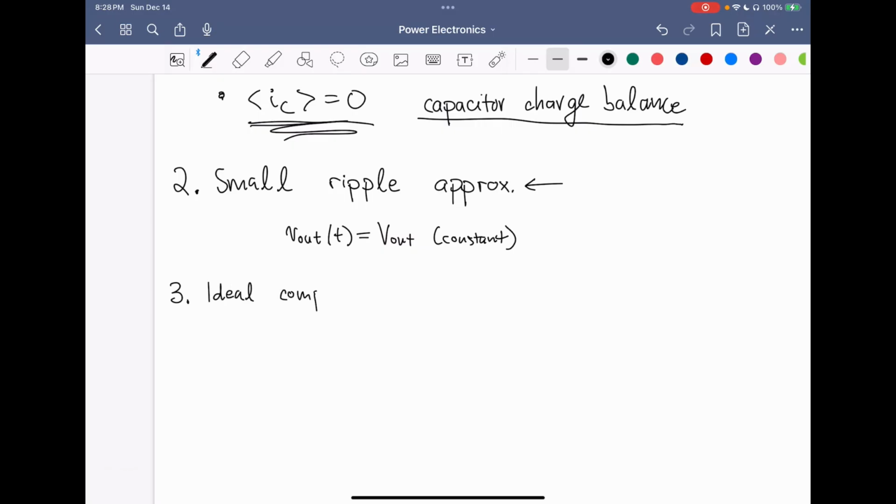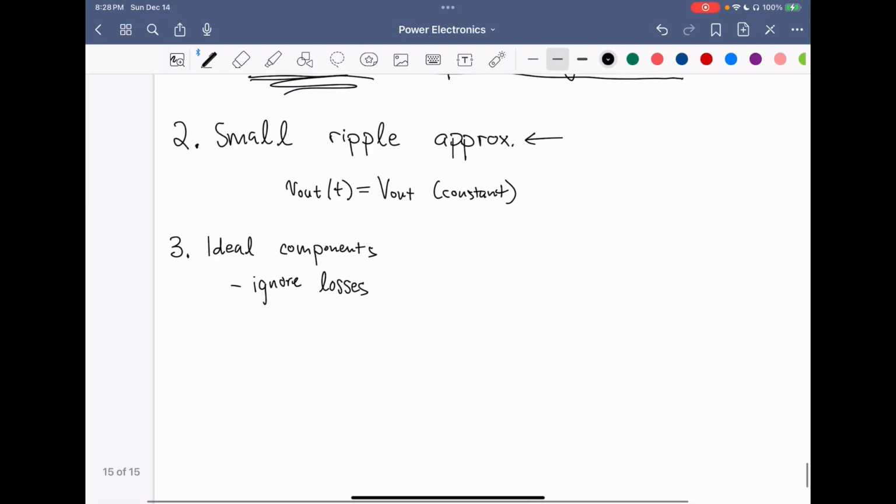The next assumption we're going to make in this analysis is that all the components are ideal components. What this means is we're going to do a basic analysis where we ignore losses. That means that we assume our transistor is just an ideal switch, as well as our diode. So this ultimately gives us that the input power is equal to the output power.